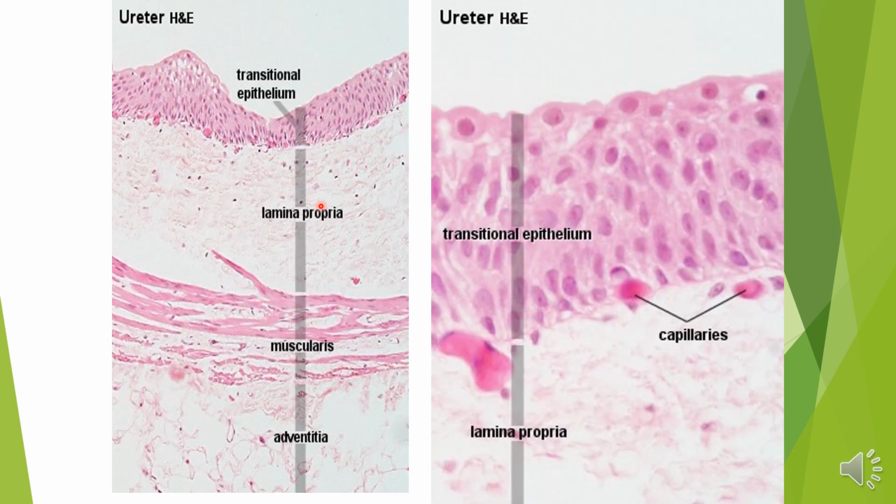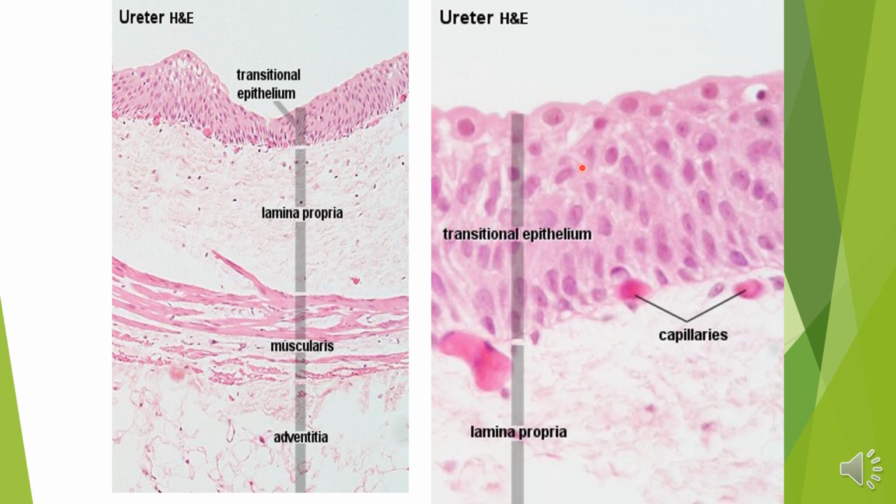This is the histological diagram of the ureter at low magnification, H&E staining section. This is the transitional epithelium, and then the lamina propria, which is connective tissue. Then is the second layer, the muscularis, which is formed by the inner longitudinal and outer circularly arranged smooth muscle cells, and outer to this is the adventitia or serosa.